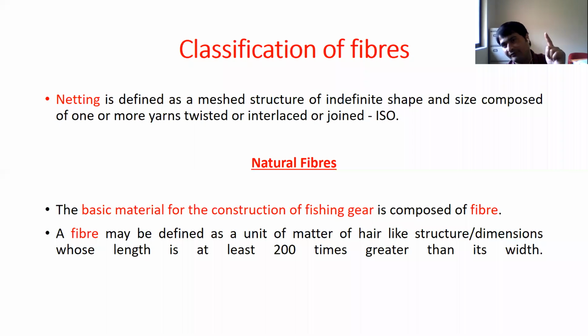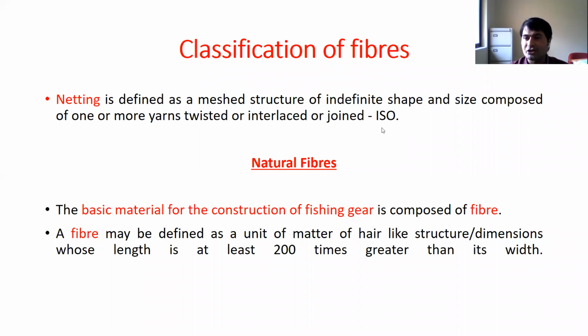First is the fiber, then these fibers are twisted together to form a single yarn, 2 to 3 single yarns are twisted to form a netting yarn or folded yarn or netting twine, and these folded yarns are twisted together to form a cable netting yarn. This netting definition is given by ISO, the International Standard Organization.